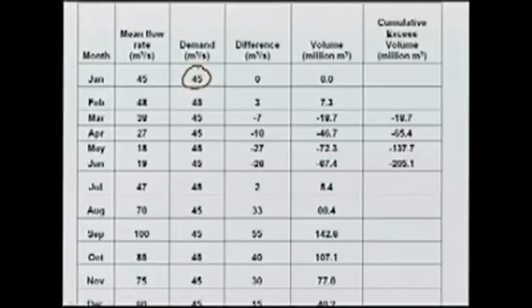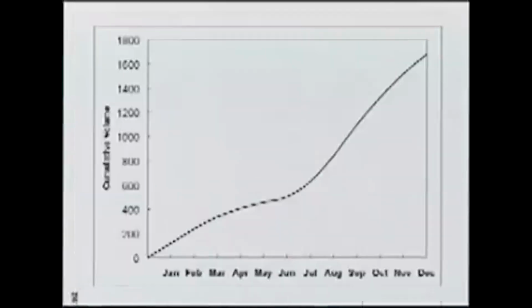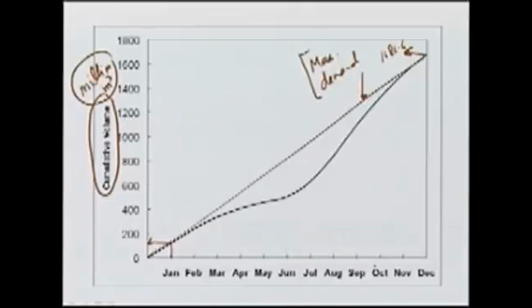So, for this given demand, if we want to find out what is the storage required, then what we need to do is we need to draw the line which has a slope of 45 meter cube per second. So, this line will give us an idea about how much storage we would need for a demand of 45 meter cube per second.